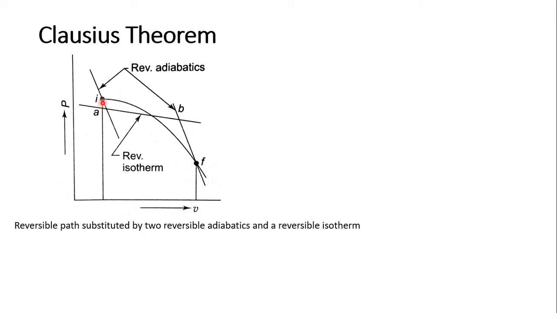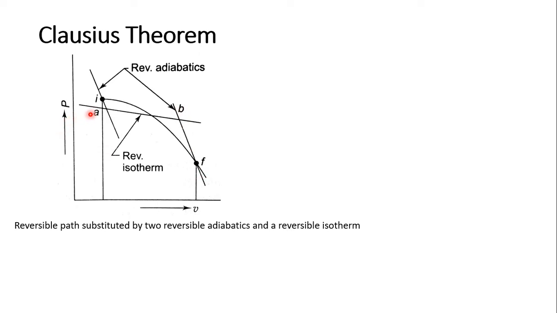So this is the initial equilibrium state I, the system follows this reversible path and reaches equilibrium state F. Now I will draw a reversible isotherm which passes through reversible adiabatic IA and reversible adiabatic BF.